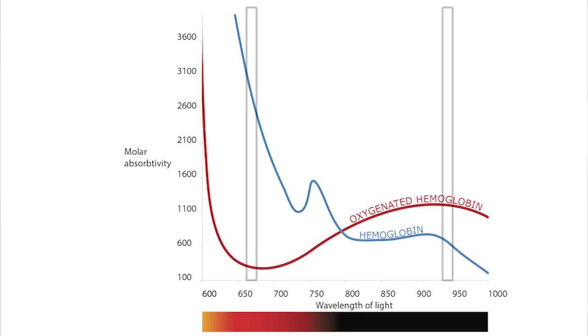In contrast, the flip side is true at 940 nanometers. So oxygenated hemoglobin absorbs quite a bit of light at 940 nanometers, while deoxygenated blood does just the opposite.